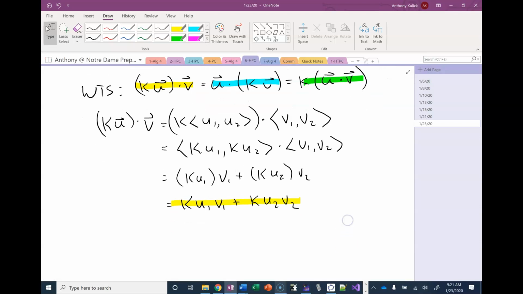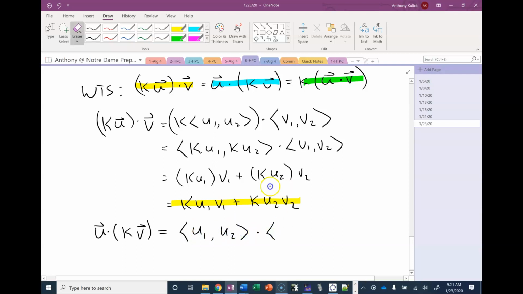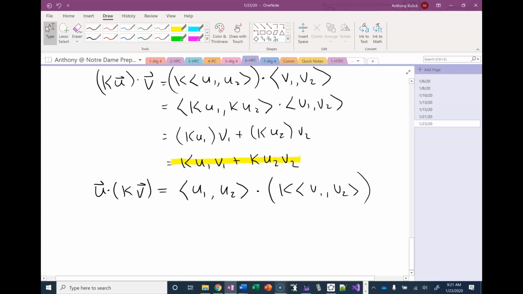Now I'm going to do the second piece of my equality. I'm just going to do exactly the same thing. So I'm just going to replace my vectors with their component forms. I'm going to do the scalar multiplication as directed by the set of parentheses. I'm going to perform my dot product.